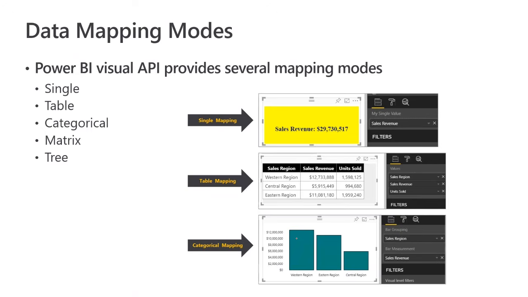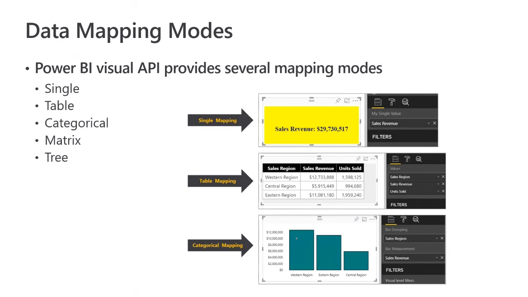You create the data roles so users can configure what fields they're going to give to feed your visual with data. Now we have to pick a mapping. There are several different mappings, and every time we create a visual, we pick one. The first demo we're going to look at is the single mapping. It's basically going to be a single value, so we just want one measure put inside there.